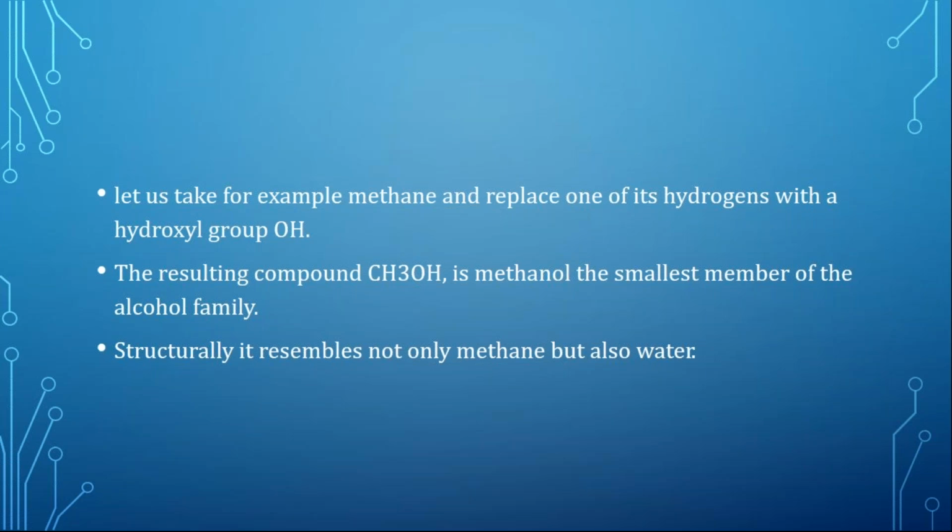Like water, it is an associated liquid with a boiling point abnormally high for a compound of its size and polarity. When compared to similar compounds, it will have higher melting and boiling points.